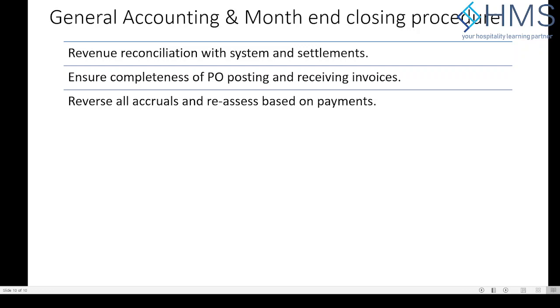And then at the end of the month, you look at all your accruals again and say, okay, I used to make an accrual for January, February, March. I made a payment for January and February. So I still need to make an accrual for March onwards.